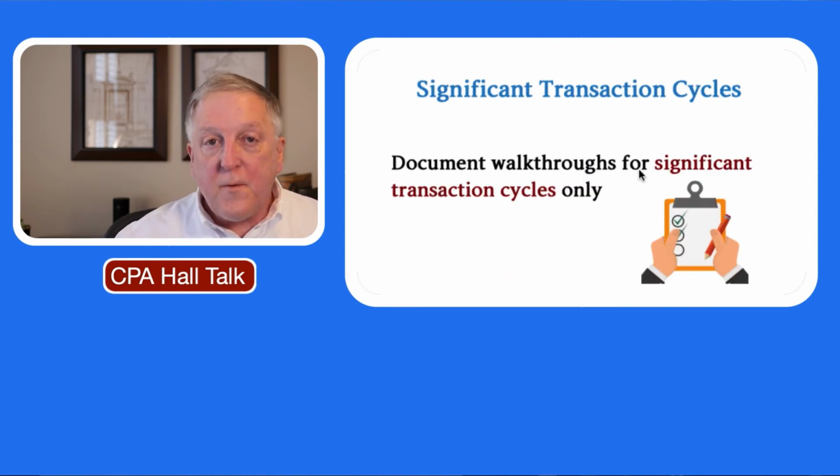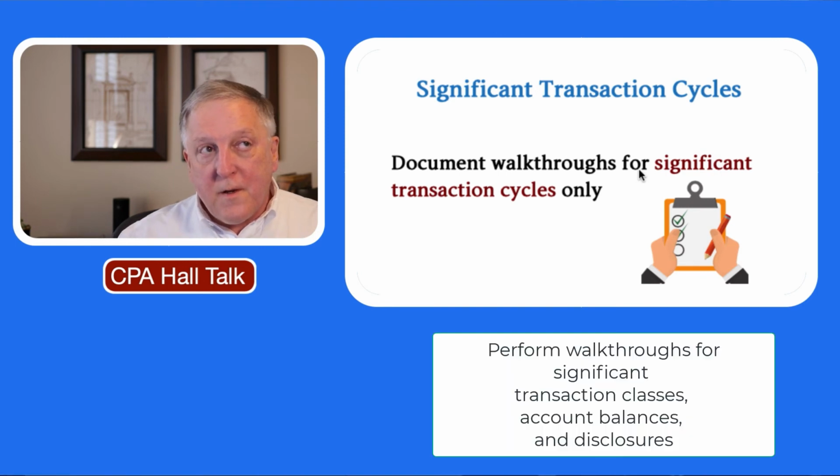Another thing to think about as you do your walkthroughs is what are these significant transaction cycles? So we're doing this walkthrough in relation to significant classes of transactions, significant account balances, and significant disclosures.